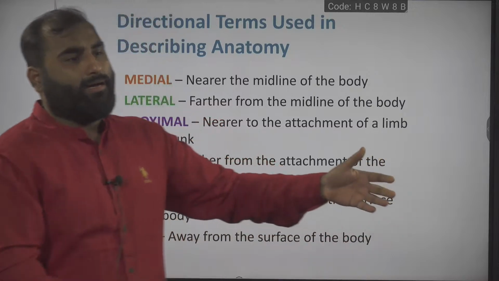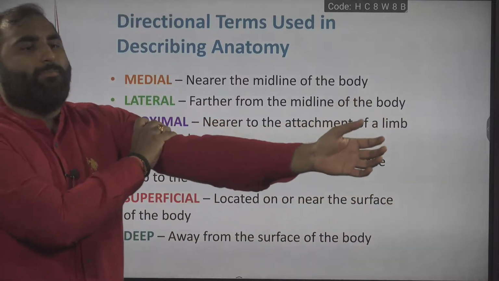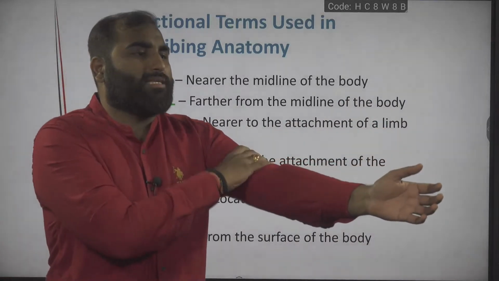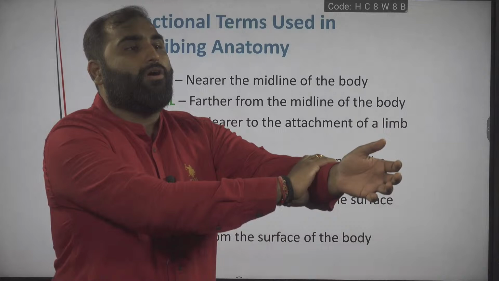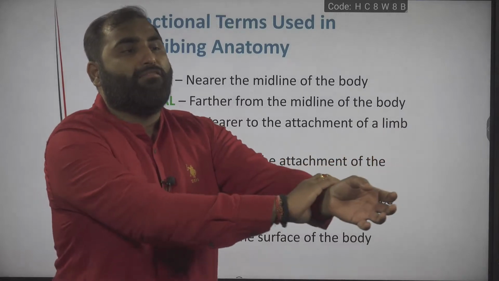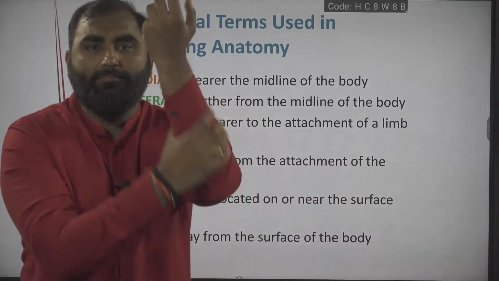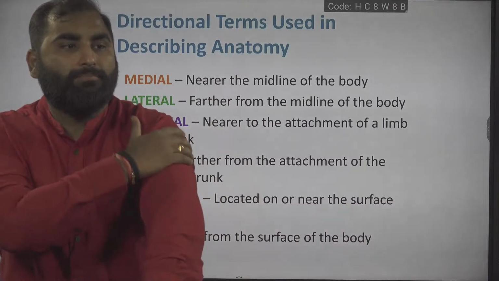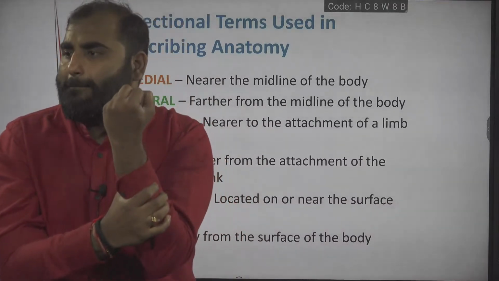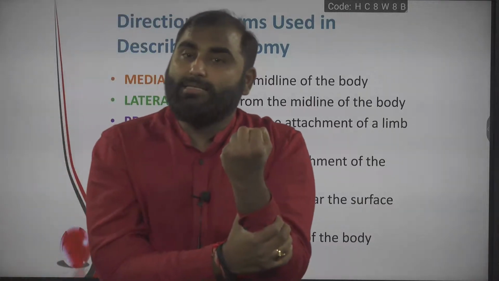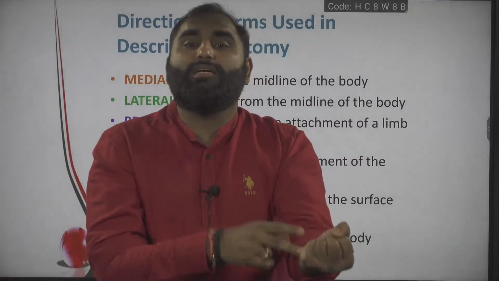Now if I tell you here, this is the humerus bone. And this is your radius and ulna in the forearm. This is the forearm and this is your arm. In the arm we have the humerus. In the forearm we have the radius and ulna. So tell me guys, which one out of these is proximal?